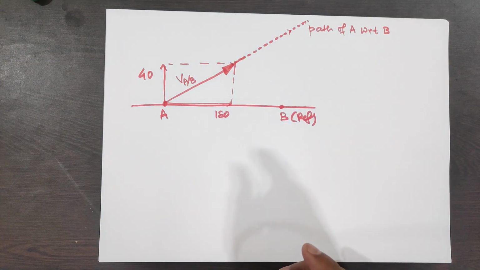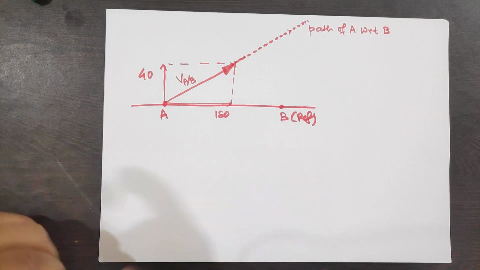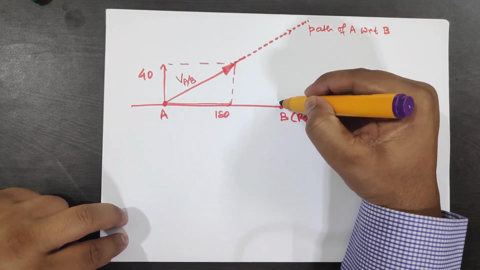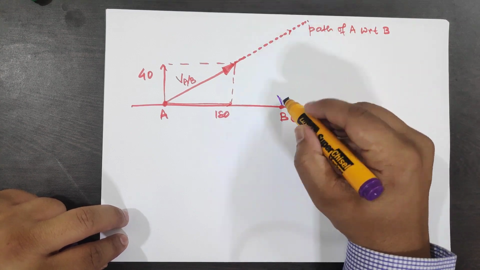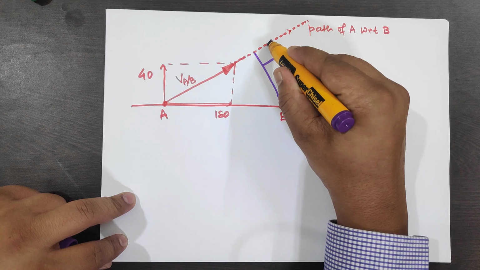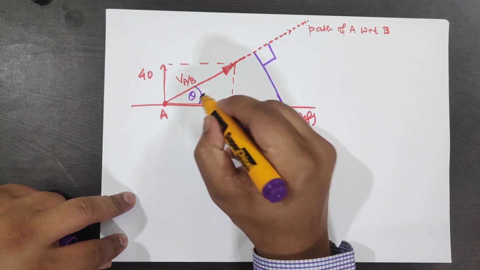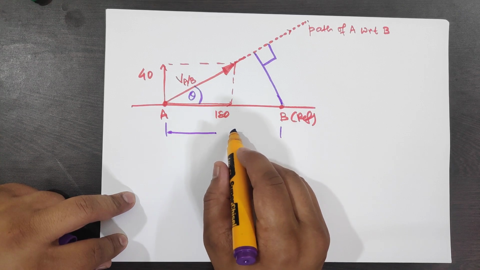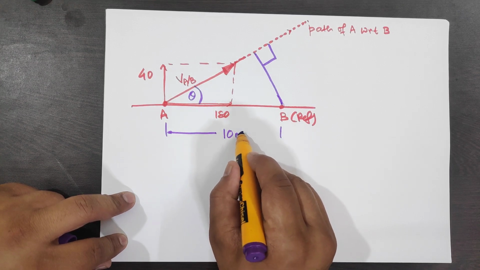There you have to find the minimum distance. The minimum distance between A and B is obviously the perpendicular distance. So from B you have to draw this perpendicular. This distance was how much? 10 meters, right?